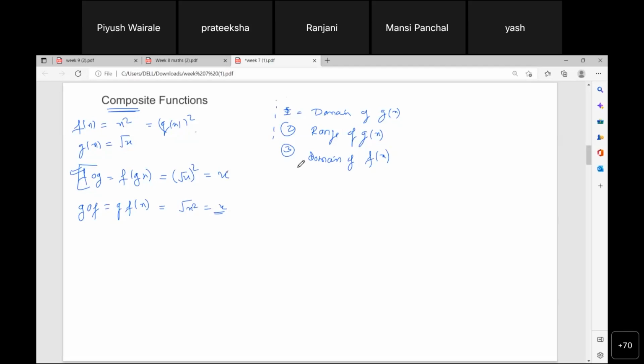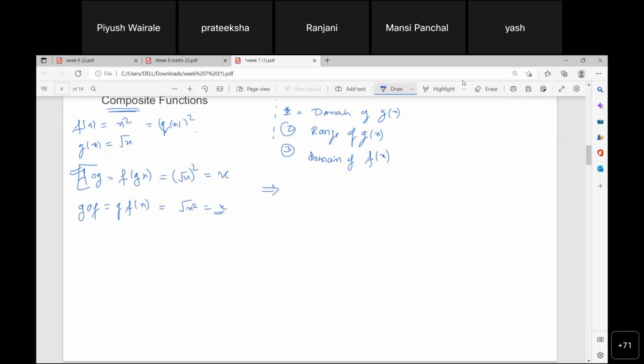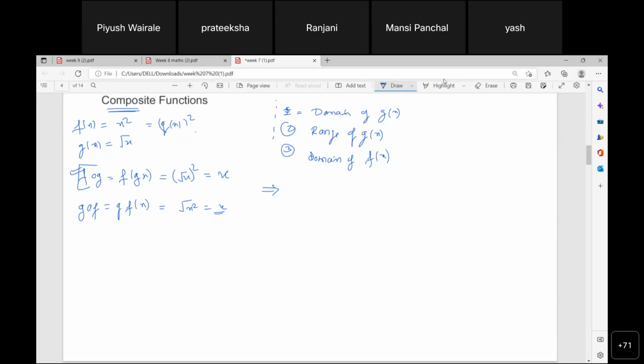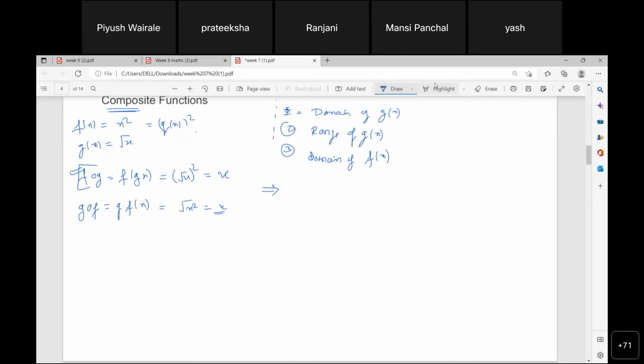We can go one step at a time. First, we'll see what is the domain of g of x. Since the function is the square root of x, it can only take values from 0 to infinity. Now suppose there are two cases, right?